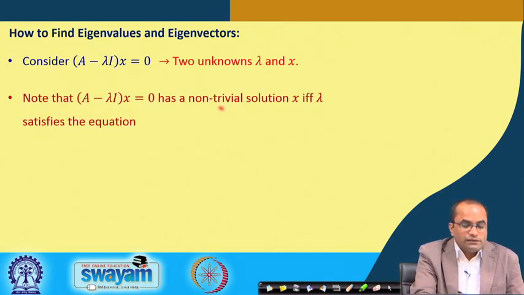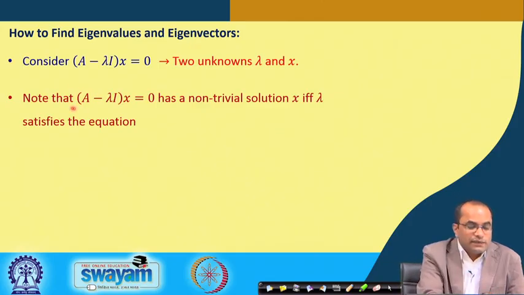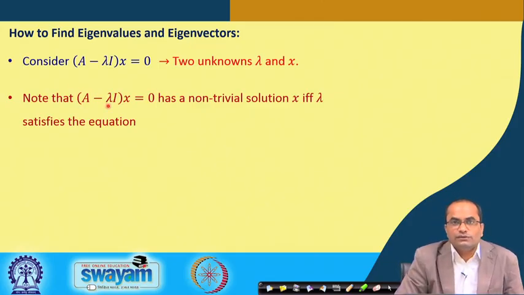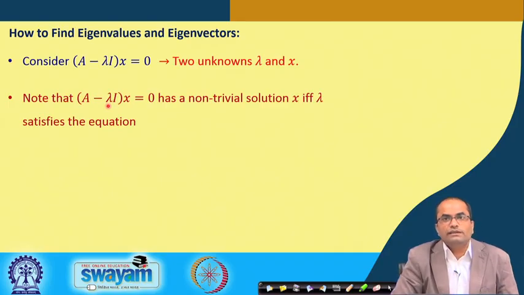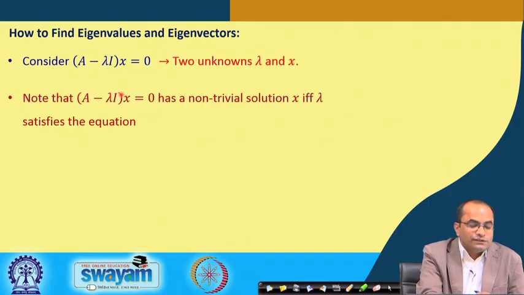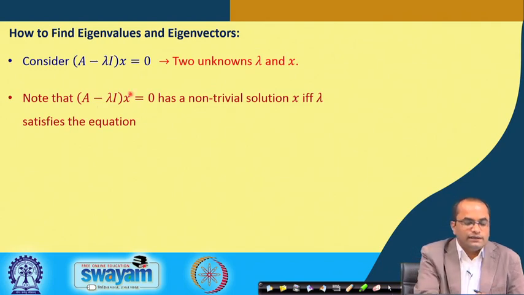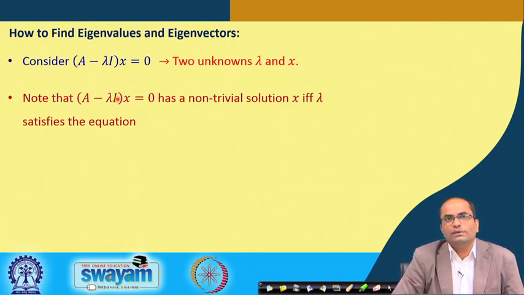What other information do we have? We are looking for a non-trivial solution x. The equation A minus lambda I x equal to 0 has a non-trivial solution, as we have already studied in the previous lecture, if and only if the determinant of A minus lambda I is 0. If the determinant is not equal to 0, then there will be a unique solution, and that will be the trivial solution, meaning x will be 0.